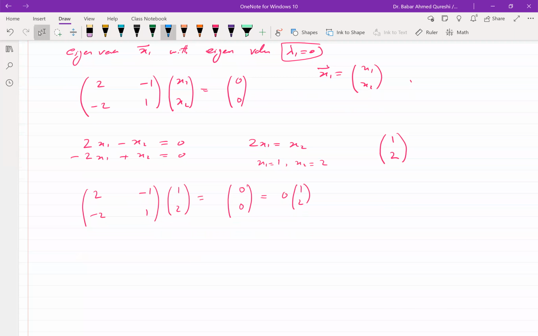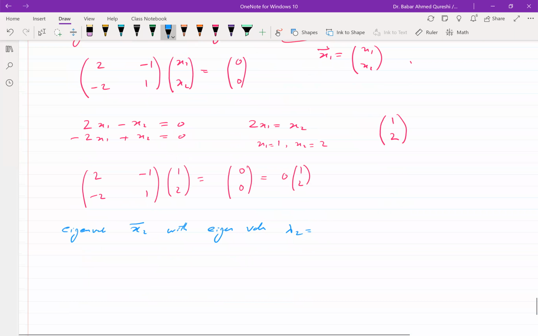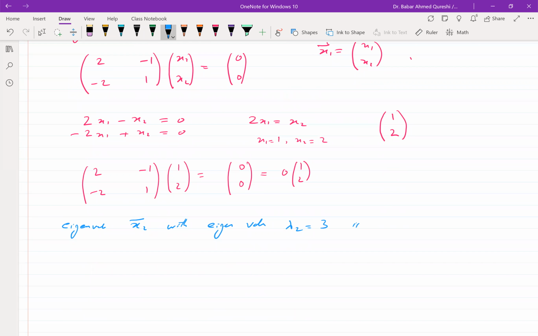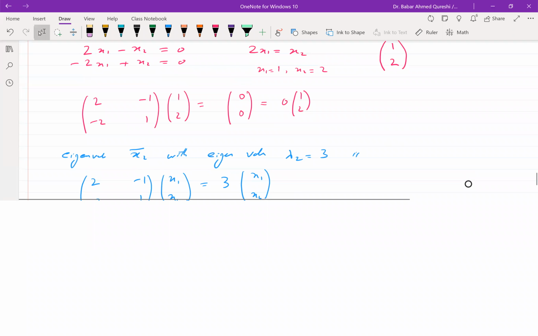And what's the other eigenvector? Eigenvector x2 with eigenvalue lambda 2 is equal to, what was the other eigenvalue? 3. So the matrix acting on the unknowns is multiplied by 3 times the vector.